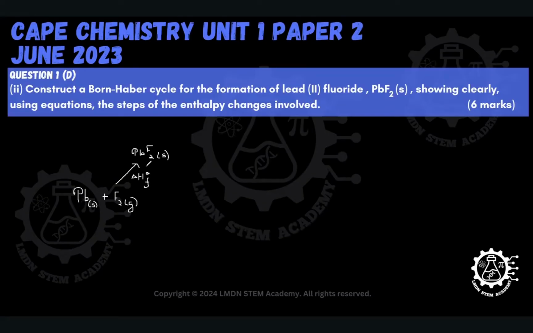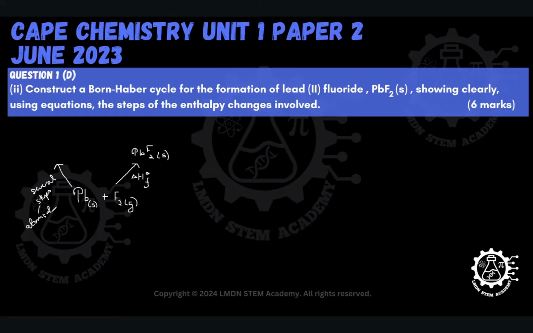The other route involves several steps. So here is one of those steps. So I'm just going to write several steps here, right? So again, we are starting from the solid lead and the gaseous fluorine. And we're going to go through several steps. Those steps are going to include an atomization step, right?